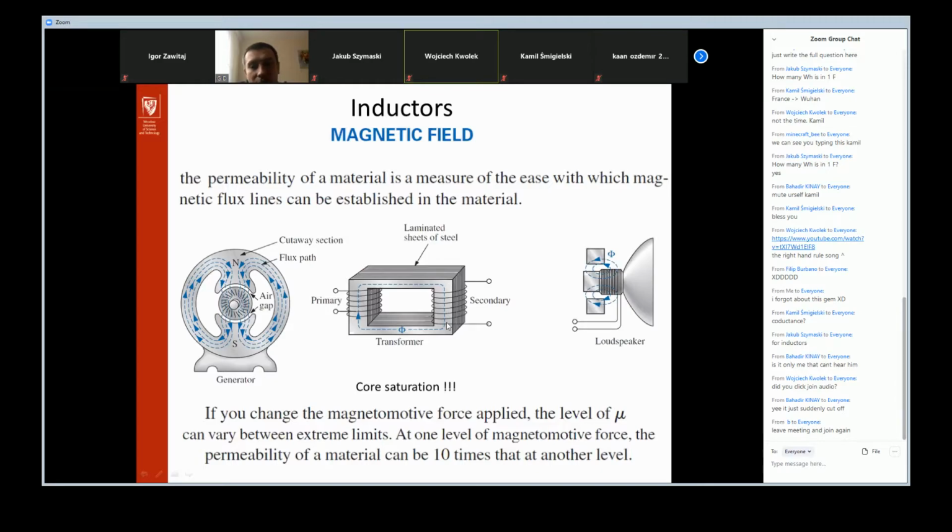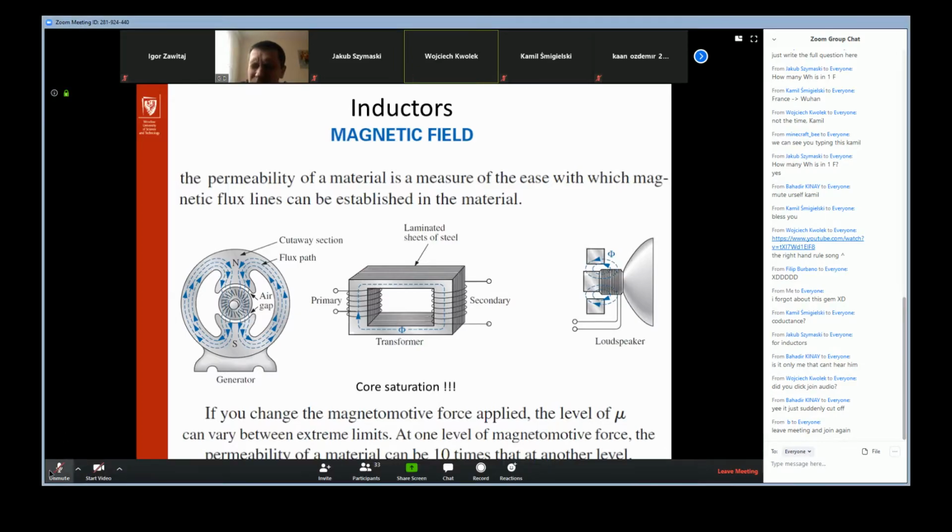What does it mean? It means that almost all the magnetic flux lines are passing through the secondary coil. Do you know what is sprawność in English? Efficiency? Yeah, I think so.